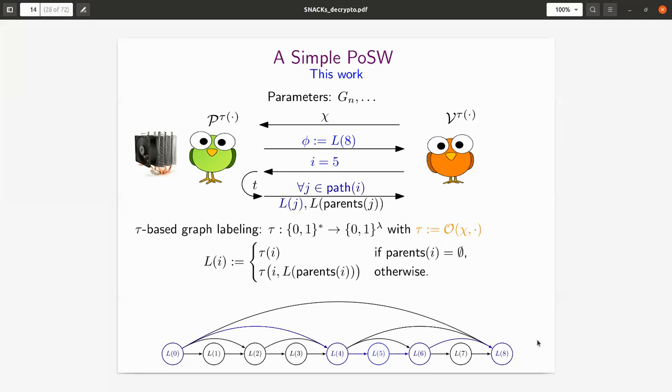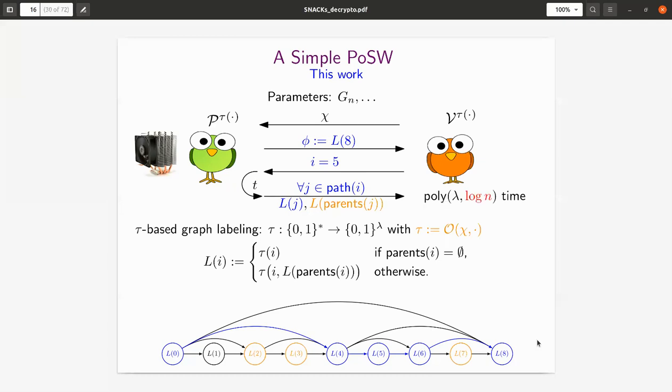Then the prover will define the shortest path that goes through 5 from the beginning to the end, and it will give the labels on this path alongside the labels of the parents, to allow the verifier to verify the validity of these labels. The verifier verifies the validity, repeats this challenge response phase enough many times, and accepts if none of these runs fails.